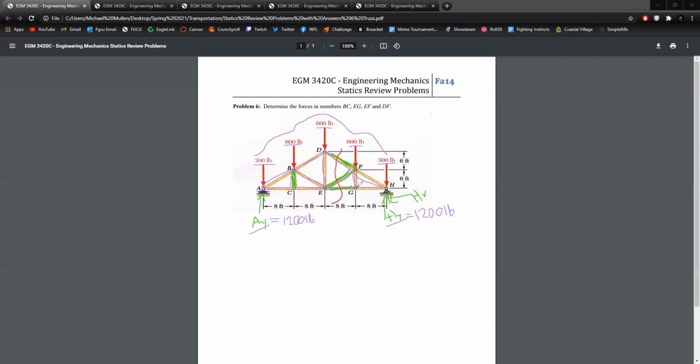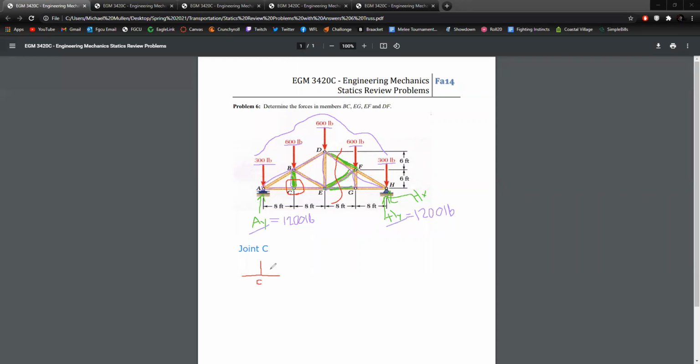I recommend starting with the one by itself first, because we can easily take a look at this joint right here. We'll call this joint C, and we'll label this right here.